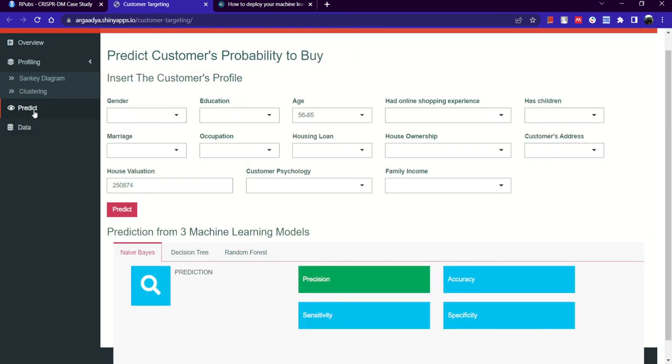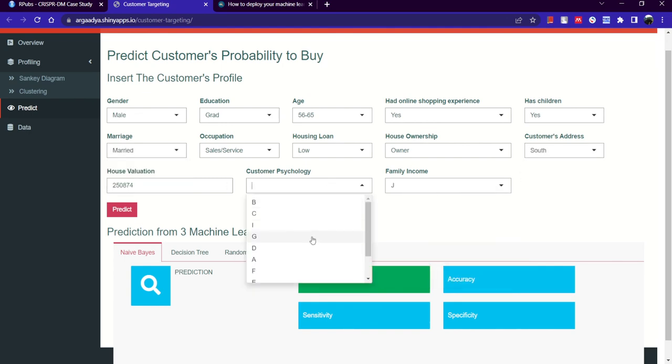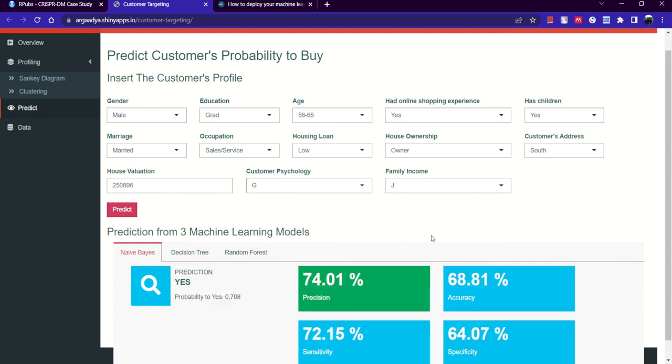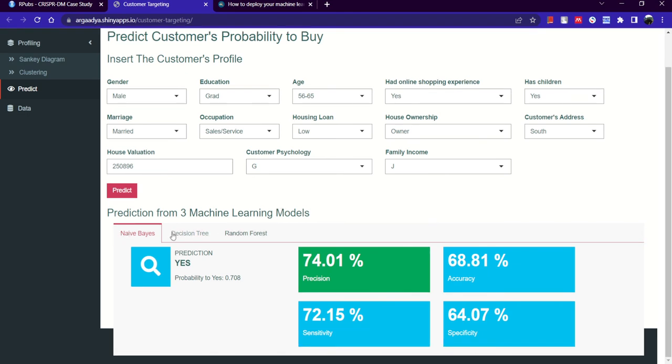They have also provided prediction. So if you have a new case, you can predict whether the customer has potential or not. So let's try, just pick anything. Here they have provided 3 machine learning models: naive Bayes, decision tree, and random forest.